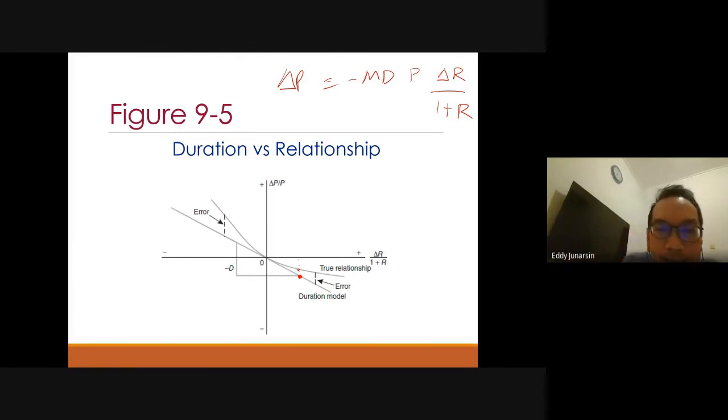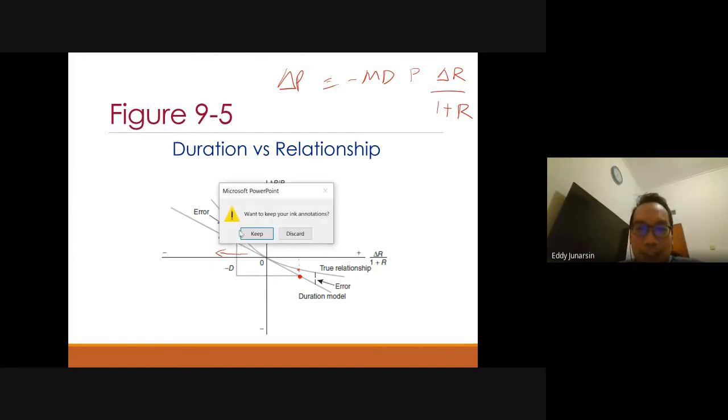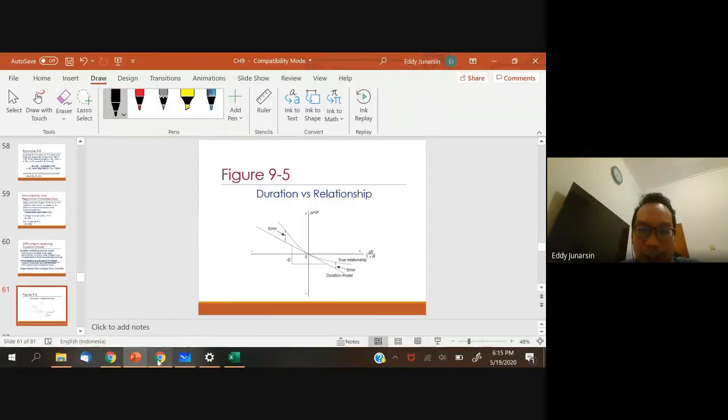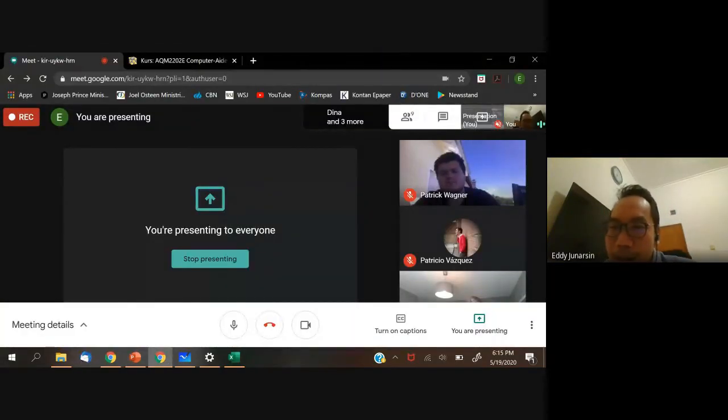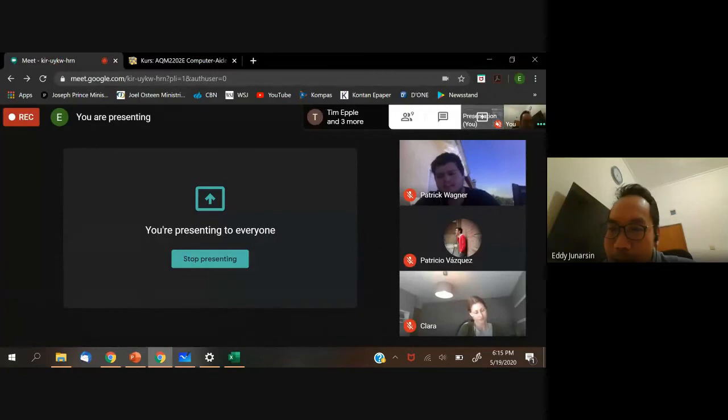On the other hand, if market rate is decreasing, then the asset value will increase. However, you see the problem with the duration method: the increase in the asset price because of decreasing market rate is not enough. It's lower than what it should be. So this is not really good for both sides. If market rate increases and the asset price is declining, the decline based on the duration method is worse than it should be.